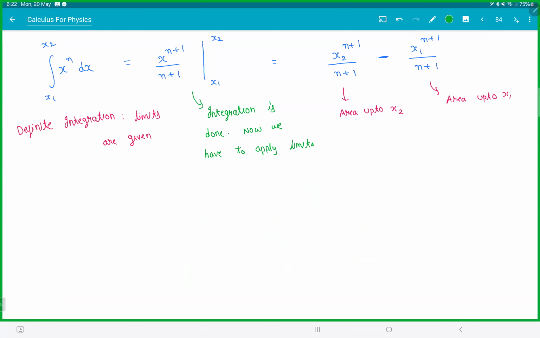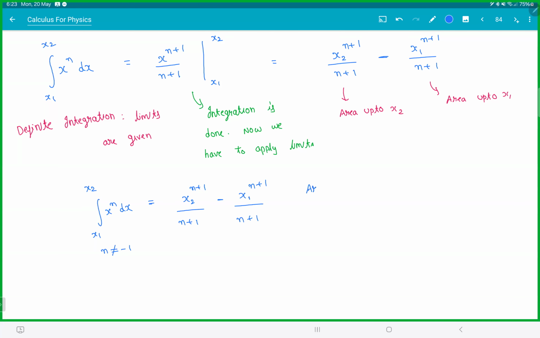So this whole result: integral x power n dx, x1 to x2, again for n not equal to minus 1. If n is equal to minus 1, we'll see what will happen. This is x2 power n plus 1 by n plus 1 minus x1 power n plus 1 by n plus 1. Put the upper limit, put the lower limit and subtract them. That is the idea.